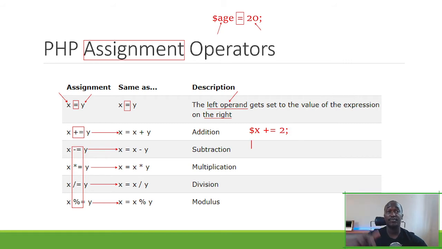For example, you want to print the even numbers, so that is the same as x equals x plus 2. I hope you understand those assignment operators.